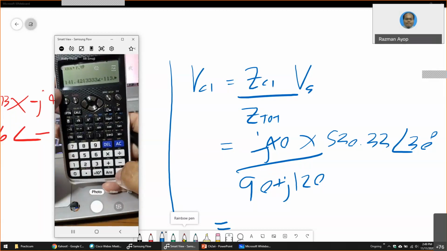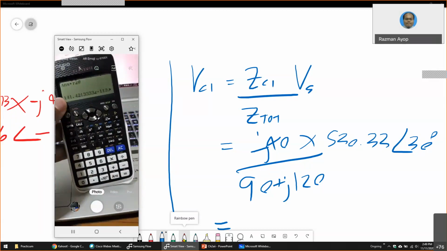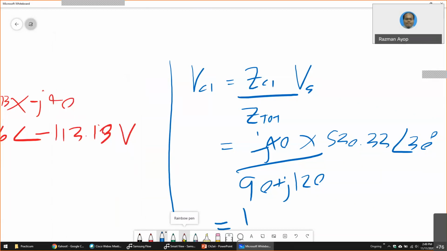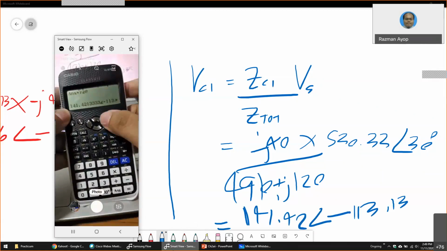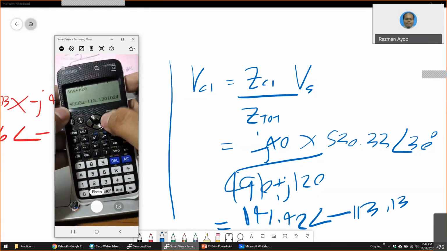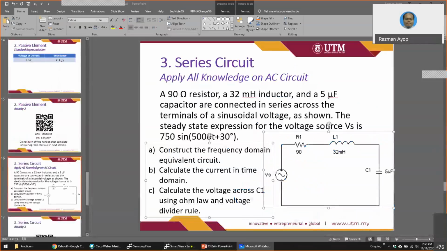So you get the same answer. 141.42 angle 113.13. Make sure you don't forget the angle. So that is how you solve the series circuit. This is the standard question that will be asked.